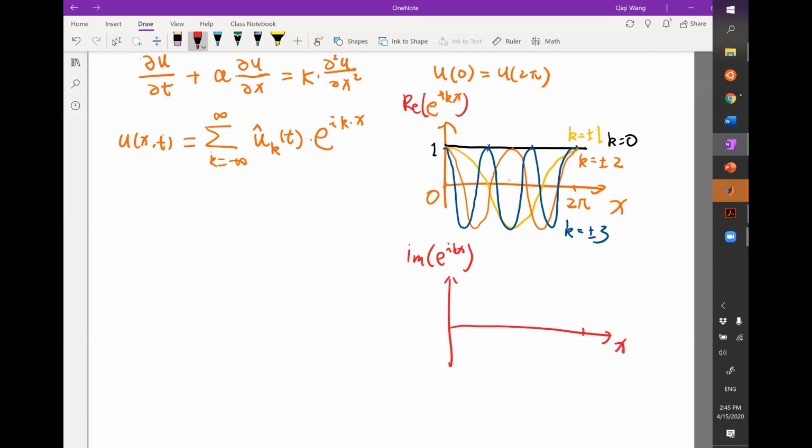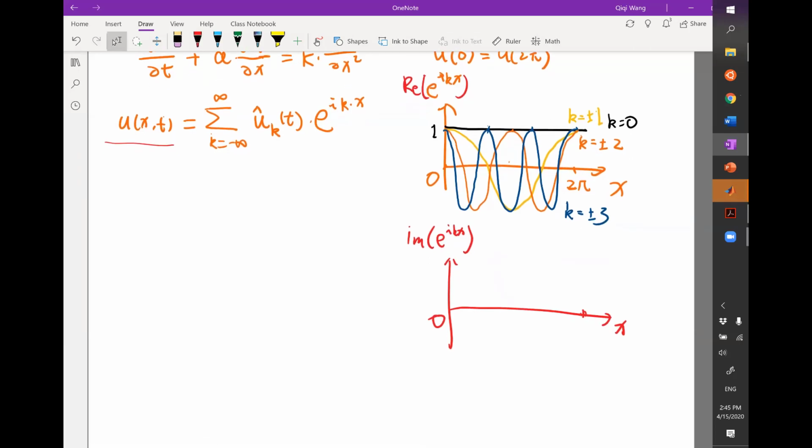In order for the final answer to be real, u hat of plus 1 and u hat of minus 1 have to be complex conjugates of each other, for the resulting linear combination to be real.